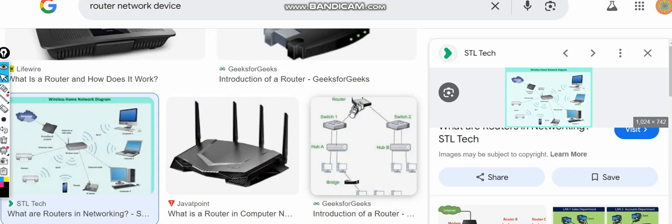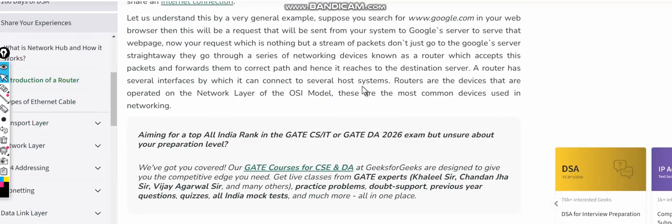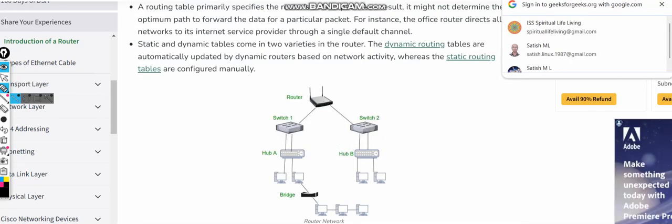So router is connected to the switch. Switch is connected to the hub. See this diagram. So this is a bridge.